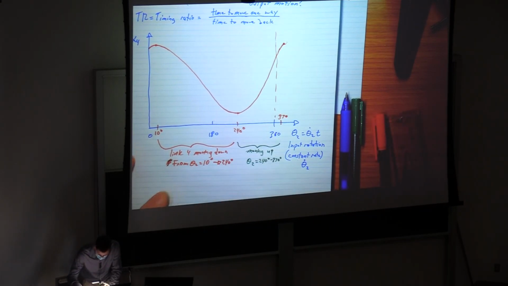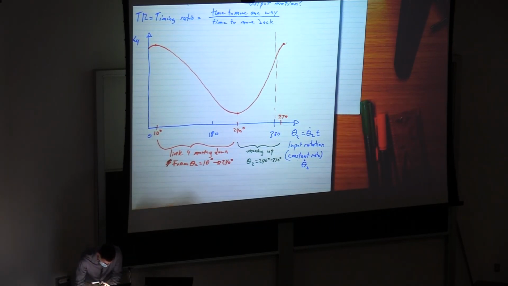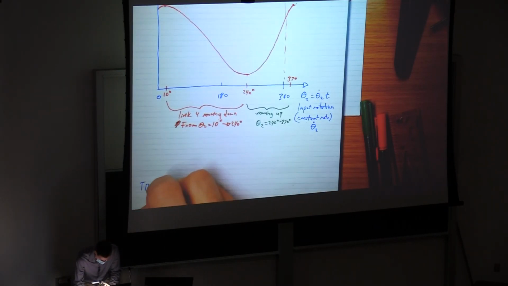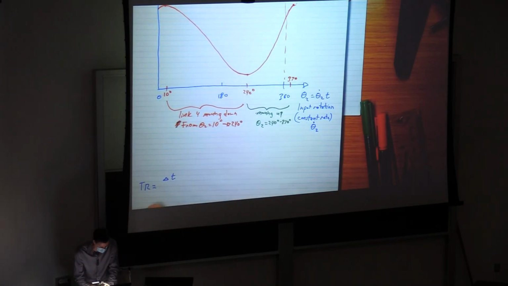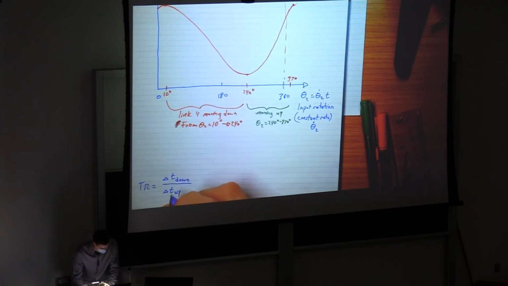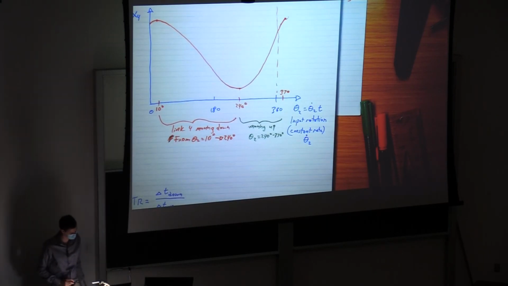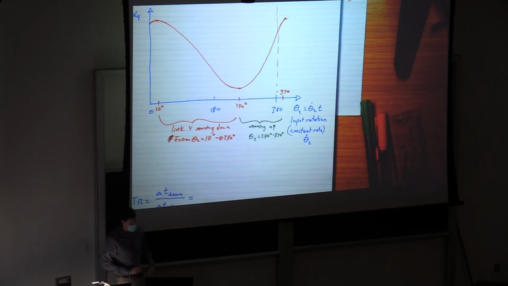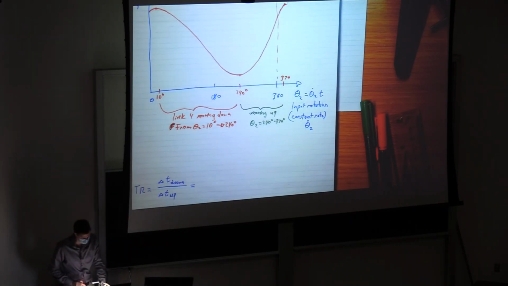Our timing ratio is the amount of time elapsed to move one way, we'll say down, divided by the amount of time to move up.